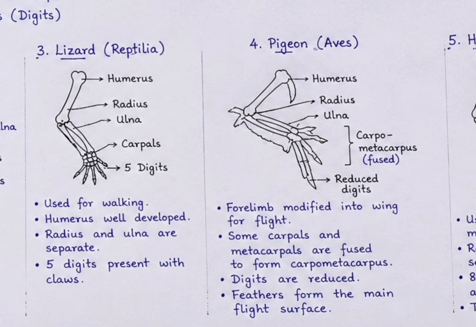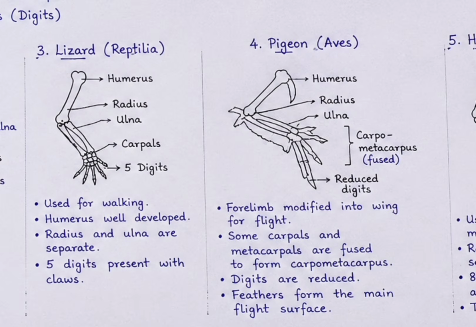Third point, the radius and ulna are separate; there is no radio-ulna. Comparing reptiles with frog amphibians, the radius and ulna are fused in the frog but separate in lizards.